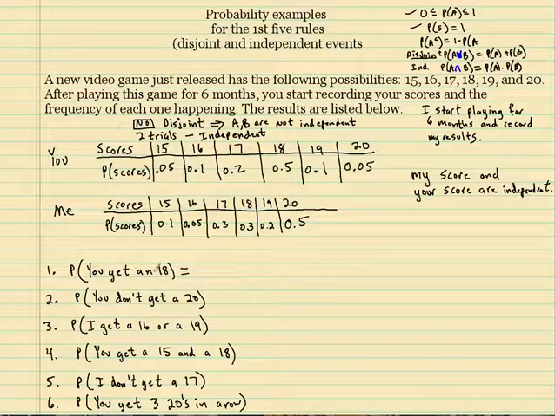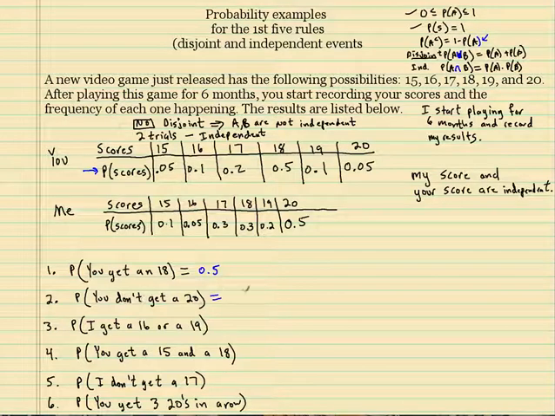Okay? So let's look at this. What's the probability you get an 18? So you scan, these are the probabilities. You just scan that over to 18. This is the score. That's the chance you're going to get it. So 0.5. So you can write this out. The probability that you obtain an 18 is approximately 0.5. What's the probability you don't get a 20? So this is the complement rule.